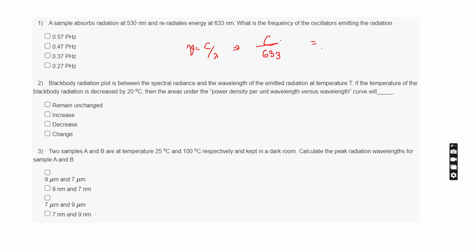Calculate the peak radiation wavelength for sample A and sample B. How to find it? Lambda max T is equal to 2898 micrometer Kelvin. From here you can find the lambda max value. So find it for those two and tell me the answer.